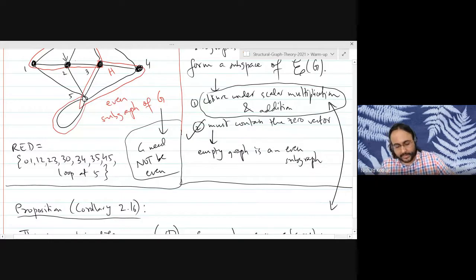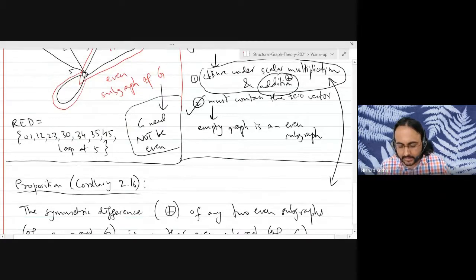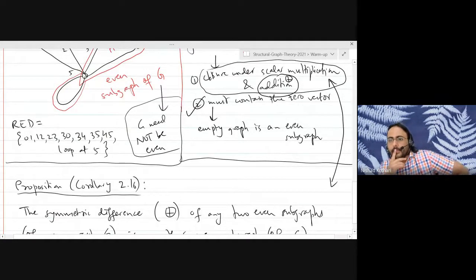So the only thing we really need to worry about is addition, and addition is basically symmetric difference in the graph theoretic sense. Okay? So is everybody convinced that proposition 2.16 implies that the even subgraphs constitute a vector space of the edge space, a subspace of the edge space?